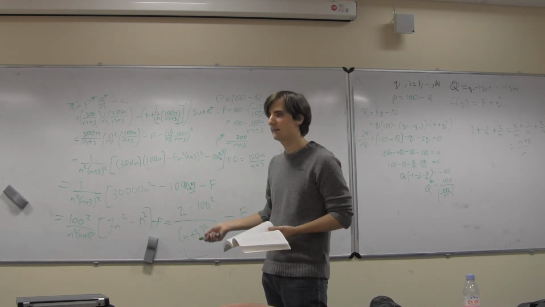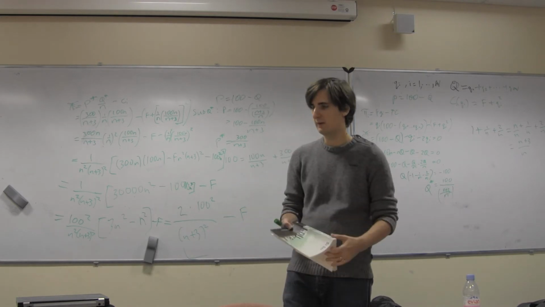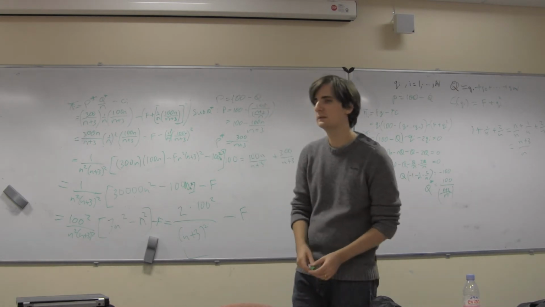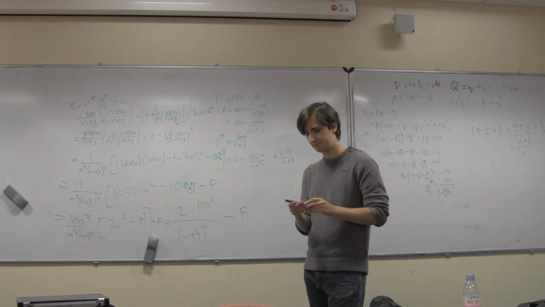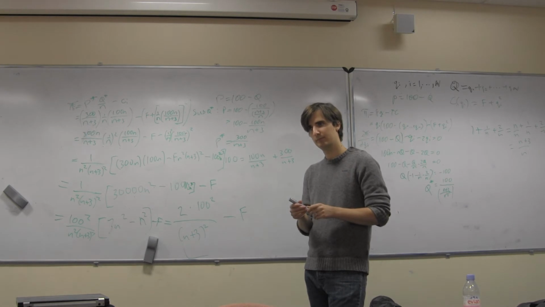We know profits. How are we going to find the number of firms? Can we rearrange that?